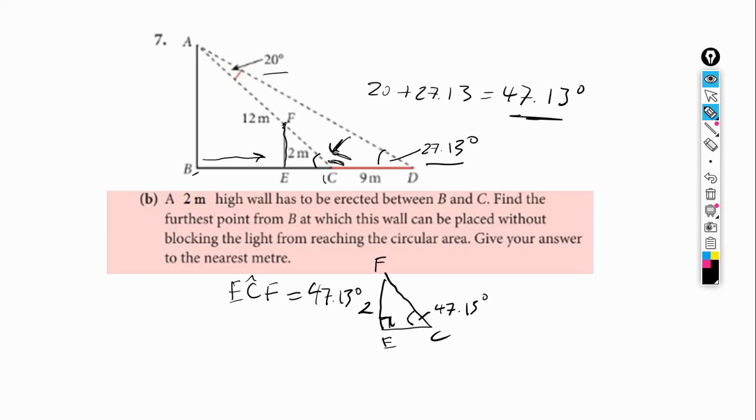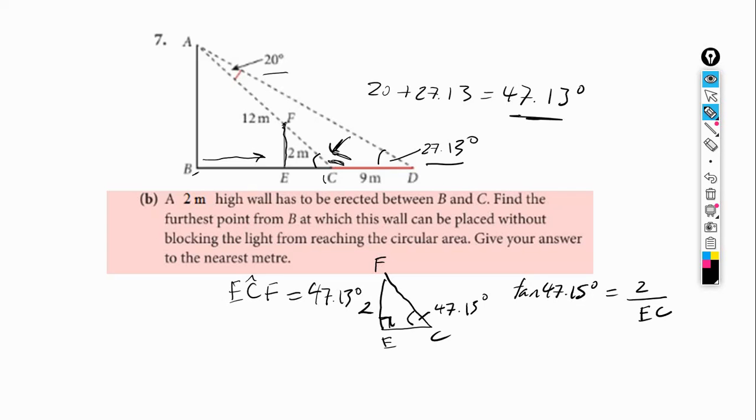So we can use a trigonometric function here. Notice that if we think about tangent, which is opposite over adjacent, tangent of 47.15 degrees is equal to 2, the opposite side to the angle, over the adjacent side, which is length EC.